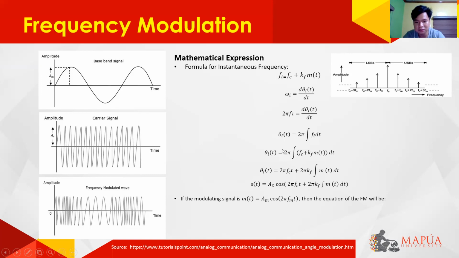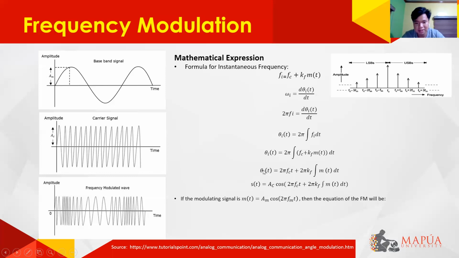So our formula for now is theta_i equals 2 pi times the integral of (f_c plus k_f m(t)) dt. So this is our equation now.